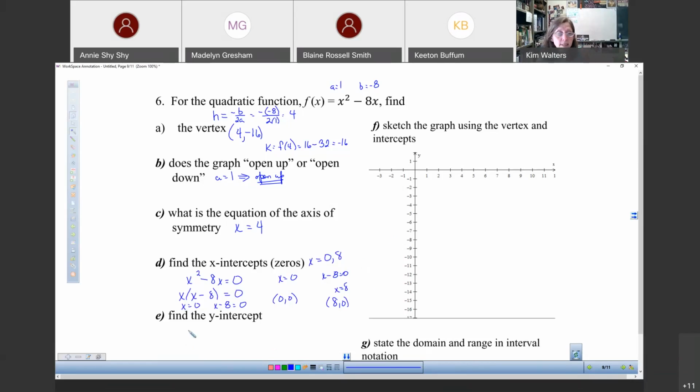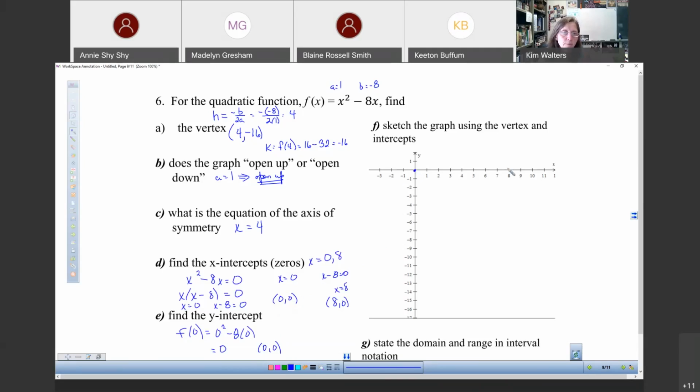Your y-intercept, anybody know what the y-intercept is based on the fact we have x-intercepts? This one's kind of nice. We let 0 be equal to x, and I get 0. Yes, yes, yes. You're already figuring that out because I had 0, 0 as my y-intercept, my x-intercept.